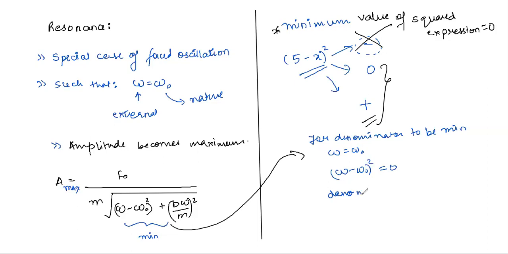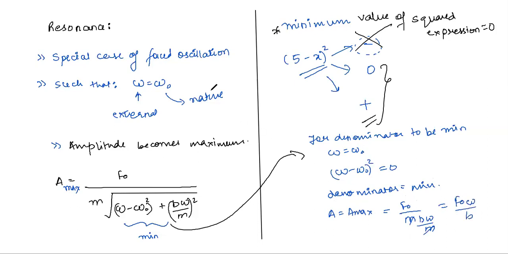Now, as the denominator is minimum, the fraction A is now maximum, and that has a value. We just saw F naught upon m, b omega upon m. The m's get cancelled. We have F naught by b omega.